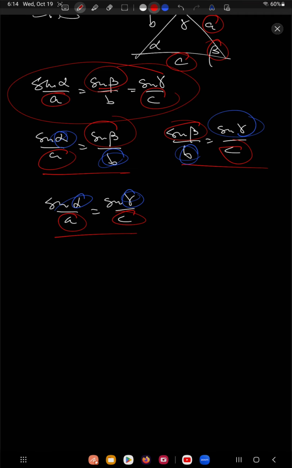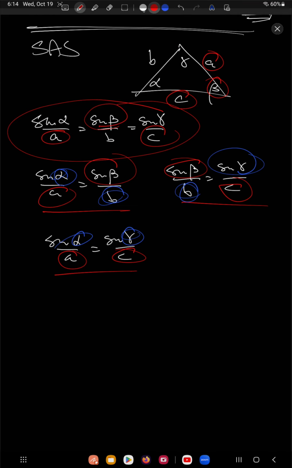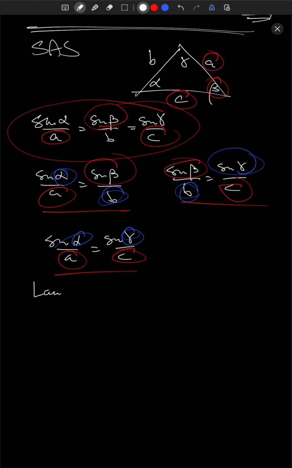Okay, so this one is going to be too hard for us using the law of sines. The law of cosines will make this really easy. So you don't want to use the law of sines for this. You could. It's actually possible to do it, but it's a huge pain.